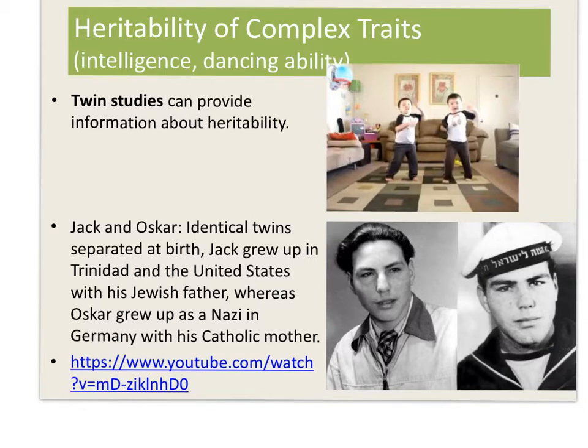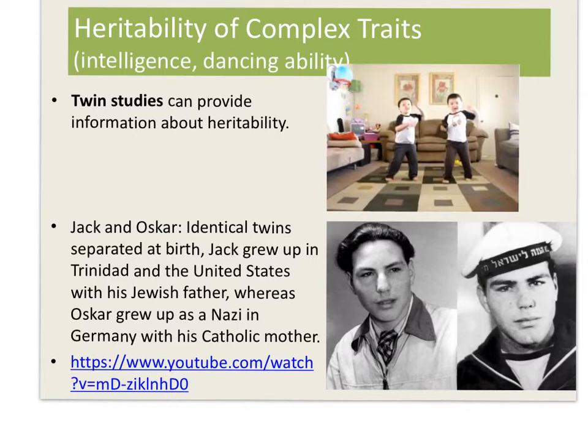But they've done a lot of studies now with twins that have been separated at birth. As I've been mentioning, we've been talking about gene by environment interaction. Well, that's how you can actually get at which component is environmental and which component is genetic.